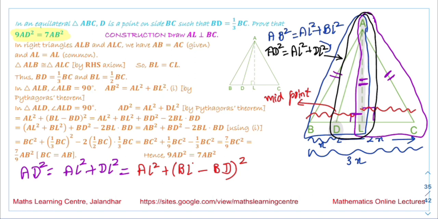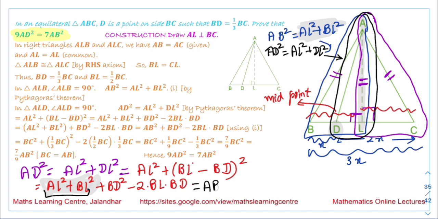When we open these brackets, we get AL square plus BL square plus BD square minus 2 times BL into BD. Now AL square plus BL square is the value we have already proved equal to AB square. We are using this result.